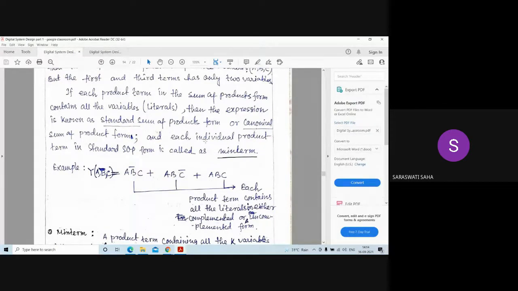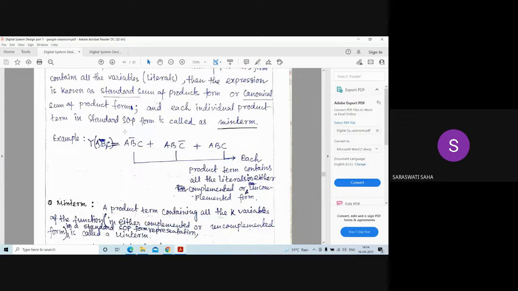So when are we calling it standard sum of product, or when is it non-standard? See the example.